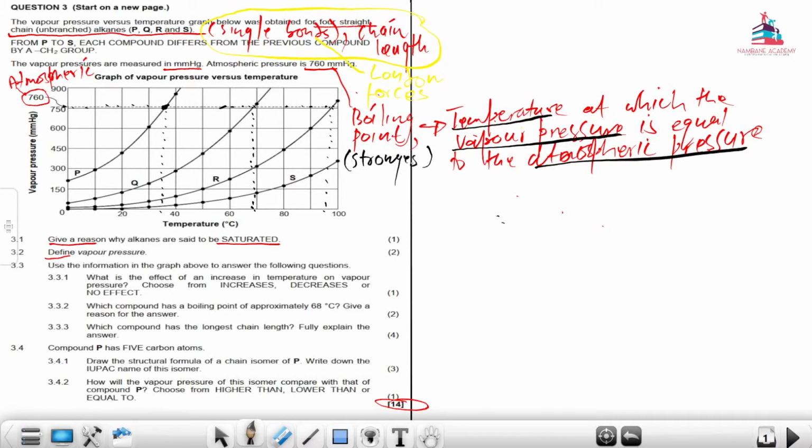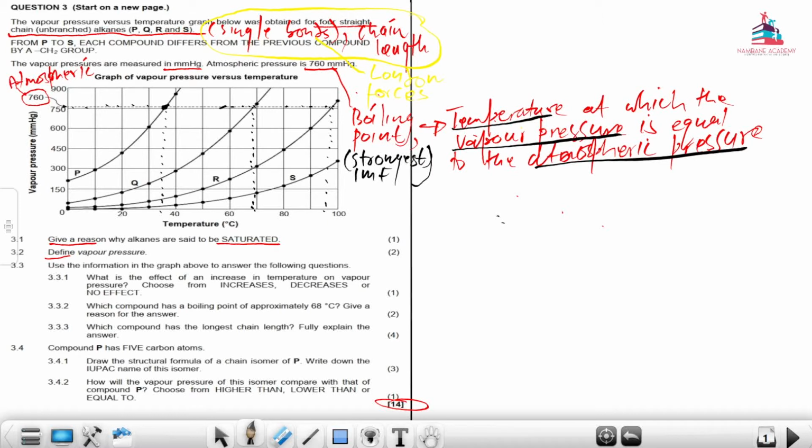So S is the one that has the strongest intermolecular forces, because it is not even reaching 760 at 100.